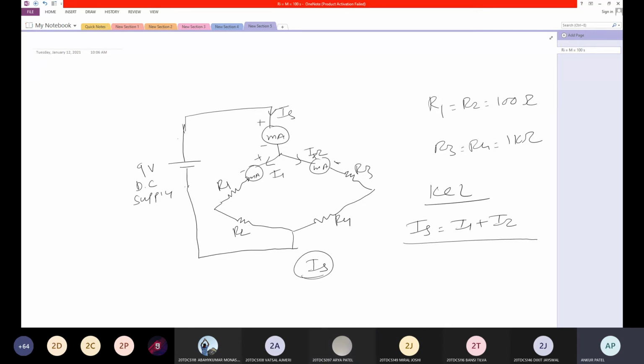Do fast. Tell me the IS value exactly. You already did this network solution. Which equations will you use for finding IS?